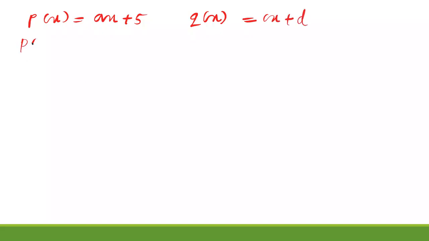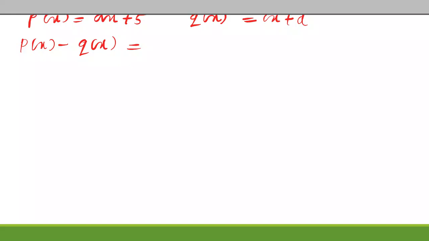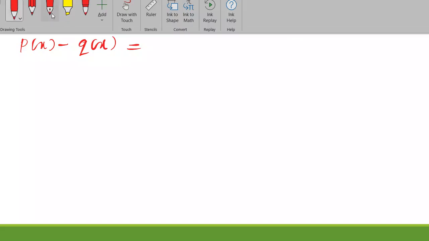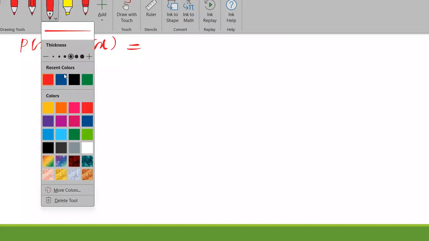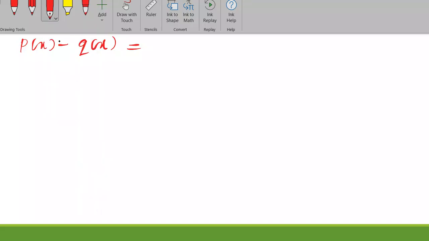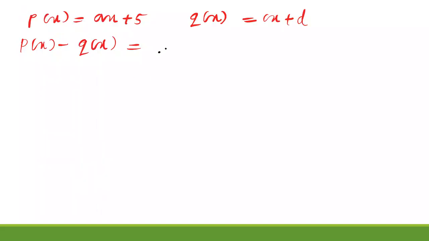Our p of x is equal to ax plus 5 and q of x is equal to cx plus d. Now we have to find p of x minus q of x, which is ax plus 5 minus (cx plus d).